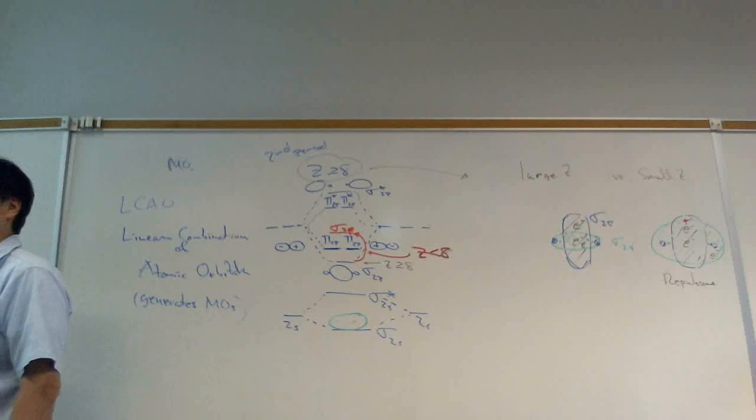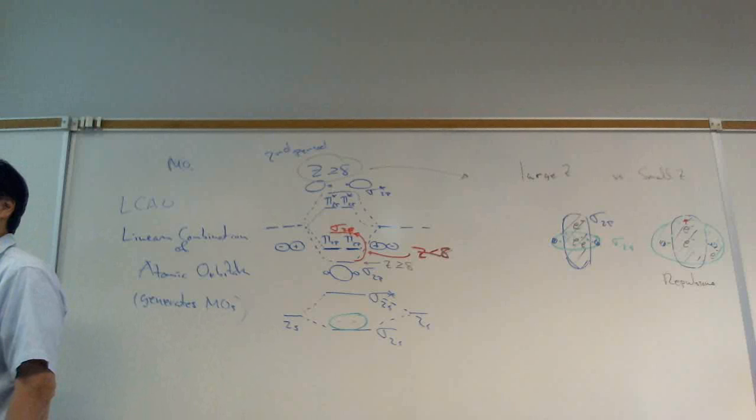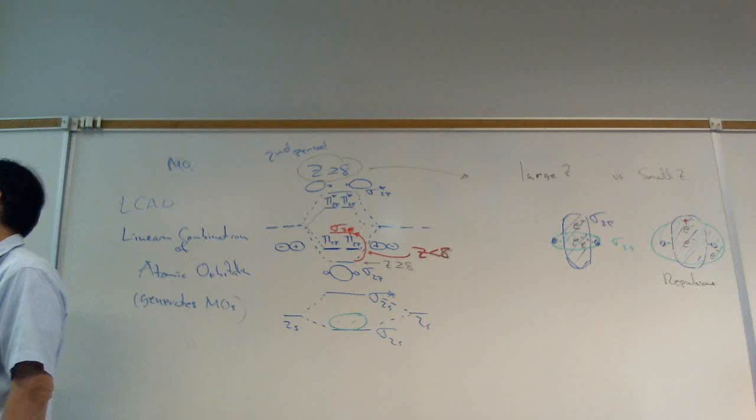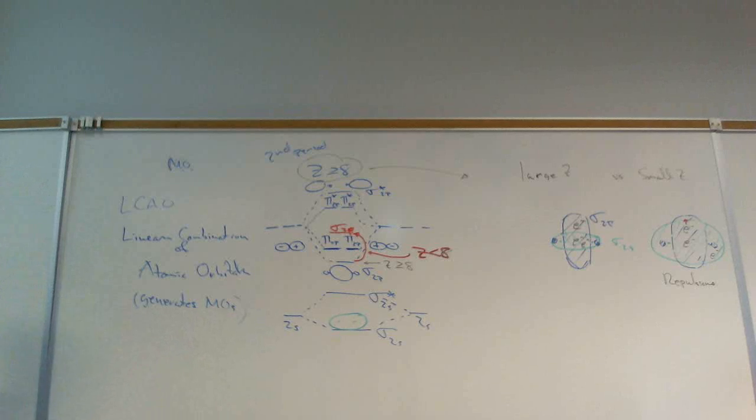What's heteronuclear diatomics? Different elements. In all cases, the sigma 1s and sigma 1s star molecular orbitals are filled but not shown, because we're just dealing with the valence electrons here, rather than the total electrons.